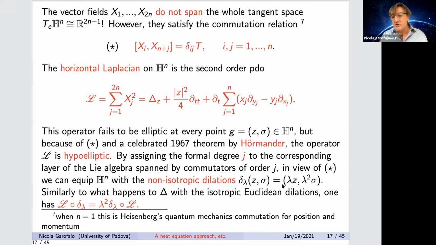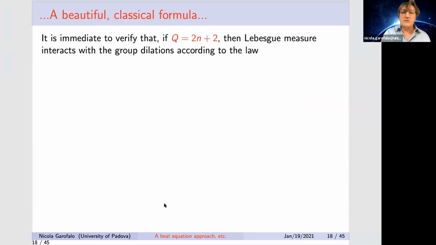So the dilations have to respect this layering of the Lie algebra. Instead of the standard homogeneous dilation, I'm going to take these non-isotropic dilations. It's easy to verify that this operator is of order 2 with respect to these dilations, so it interacts well with them.